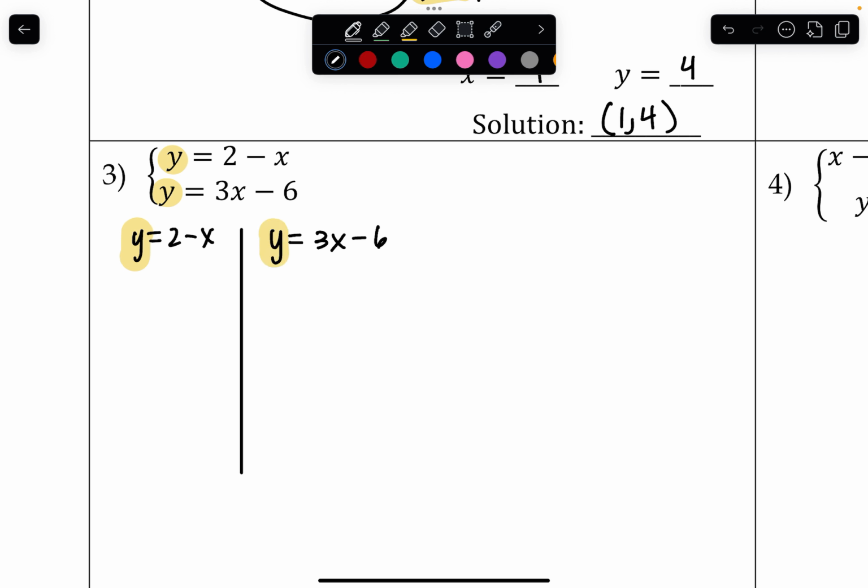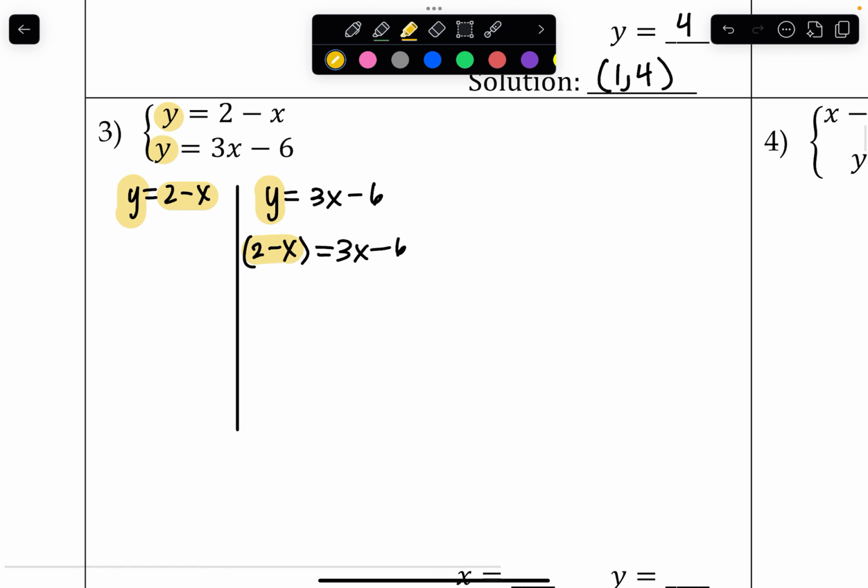Okay, and so when I sub him out, we are putting the 2 minus x inside. And since there's nothing to distribute, these parentheses are kind of unnecessary. So it's just 2 minus x equals 3x minus 6.